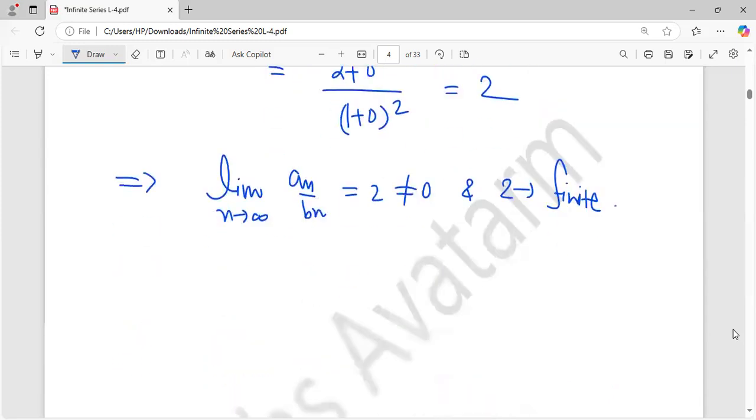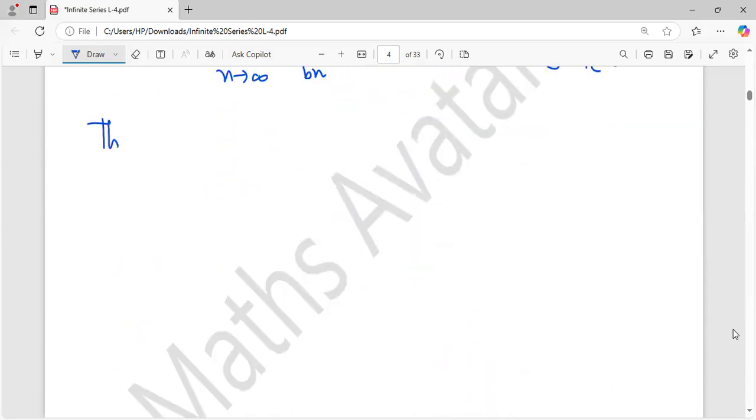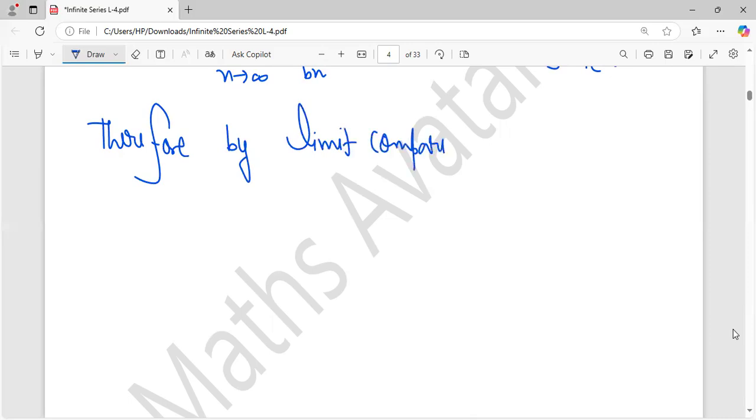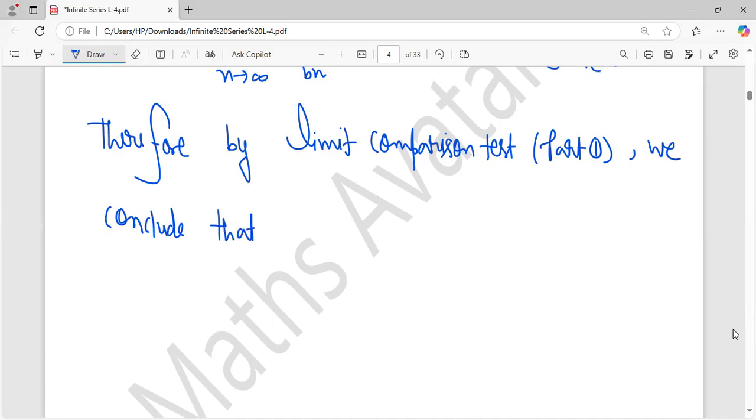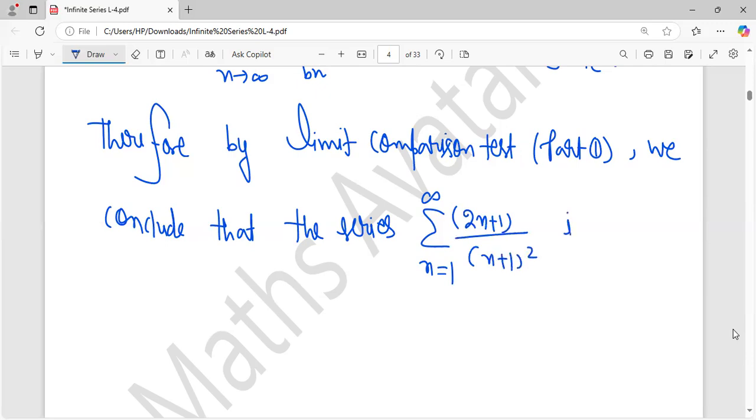Since, therefore, by the limit comparison test part 1, we conclude that the series summation n goes from 1 to infinity (2n plus 1) upon (n plus 1) whole square is divergent.